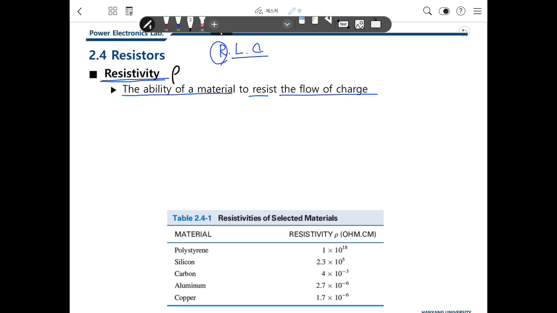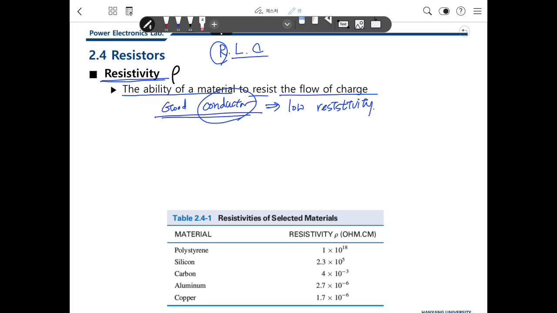If the resistivity is low, that means a good conductor, and the current flows well through this material. So a good conductor has low resistivity. This is a characteristic of materials.